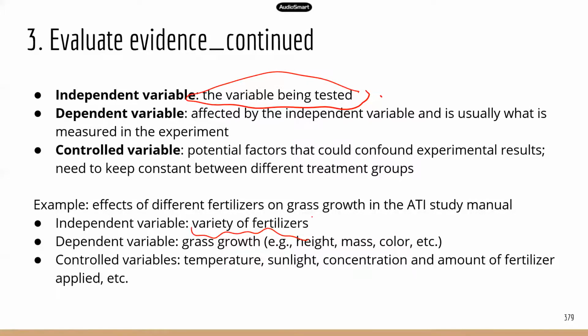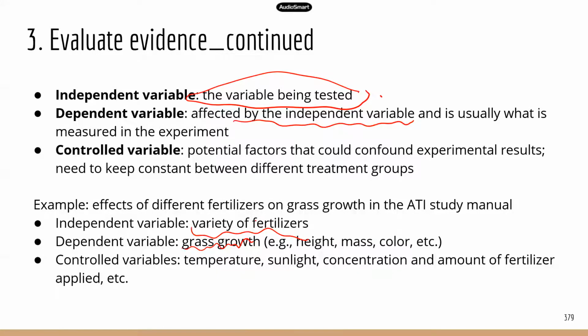The dependent variable is affected by the independent variable. And it's usually what's measured and what you collect data on in the experiment. So again, going back to the fertilizer and grass experiment, you are going to measure grass growth, right, under the treatment of different fertilizers. So grass growth would be the dependent variable.